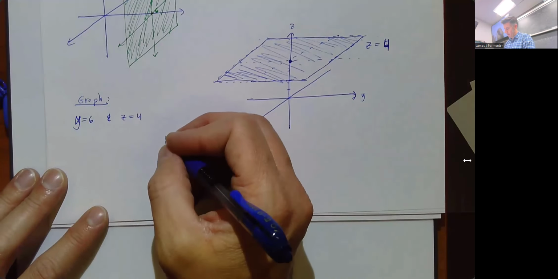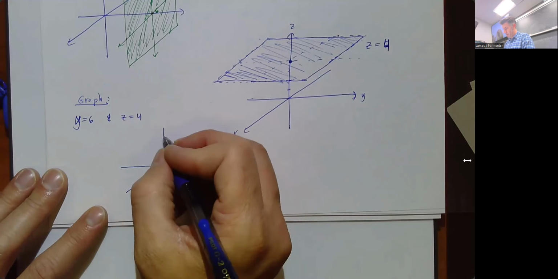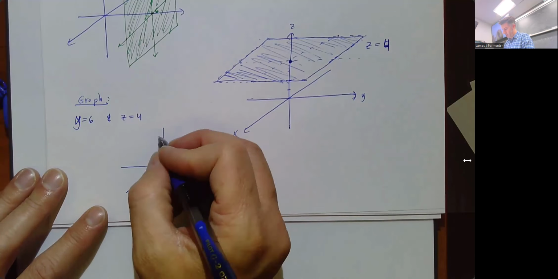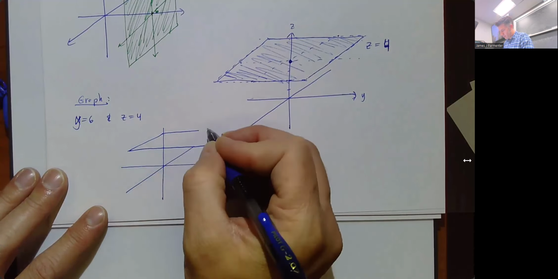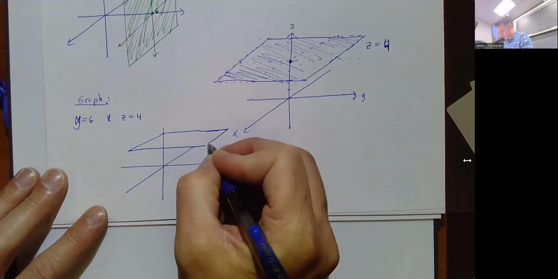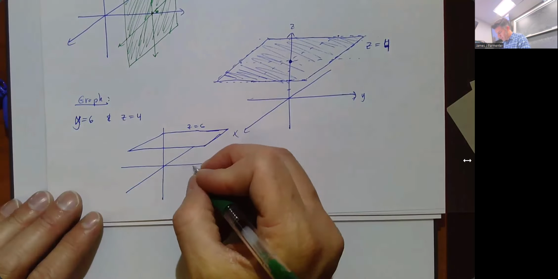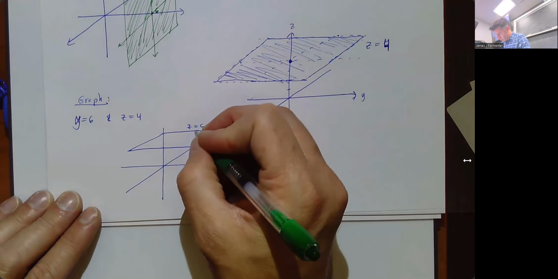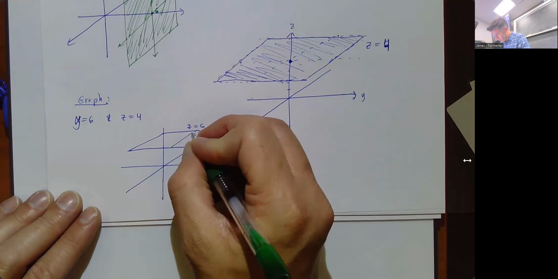Can I make it fit? I can make it fit. So here's z equal to 6. And I'll just draw it a little bit more easily here. So there's z equal to 6. And over here, it's parallel here.